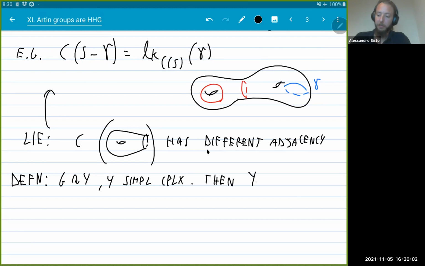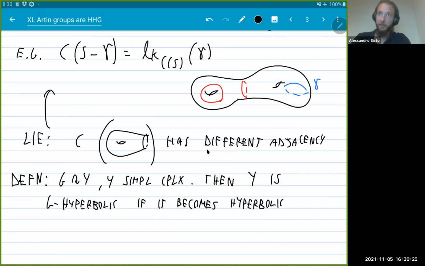Then Y is G-hyperbolic if maybe it's disconnected and everything, it could even be discrete, but it becomes hyperbolic after adding finitely many G-orbits of edges.